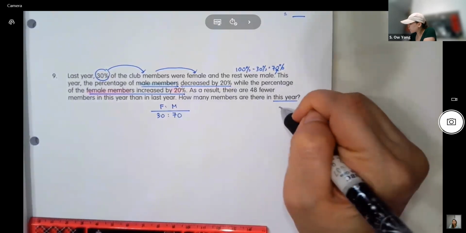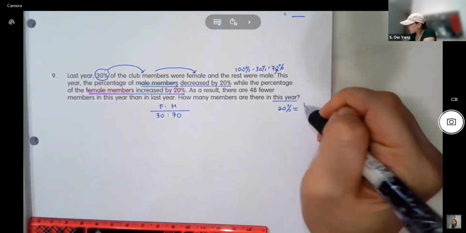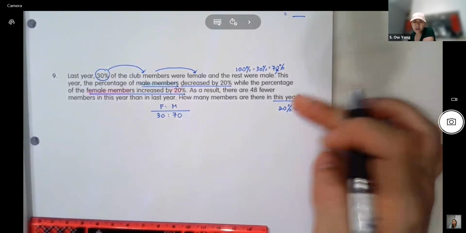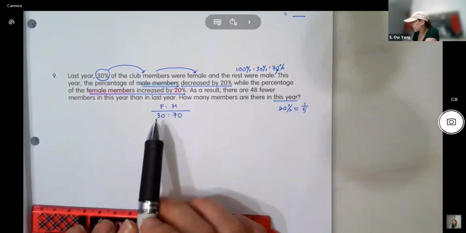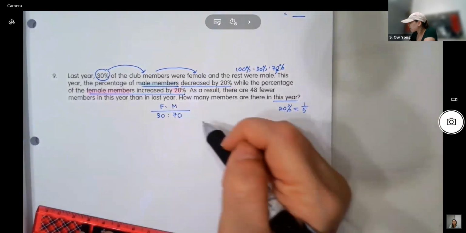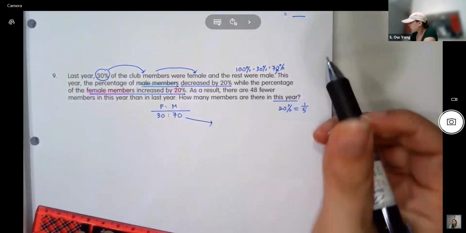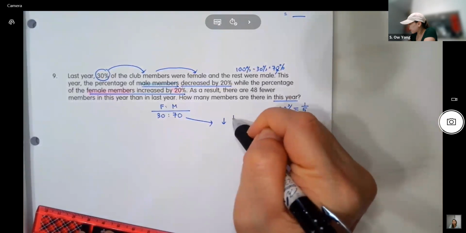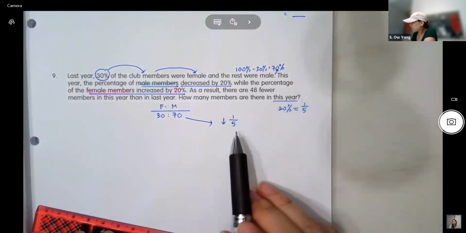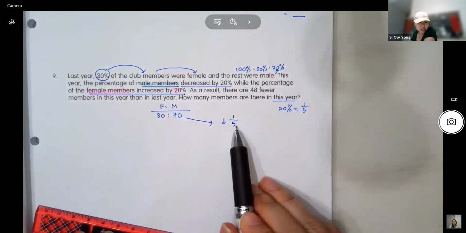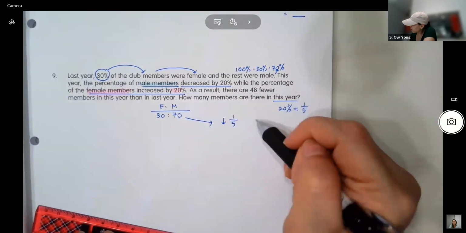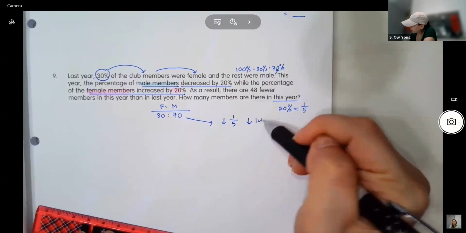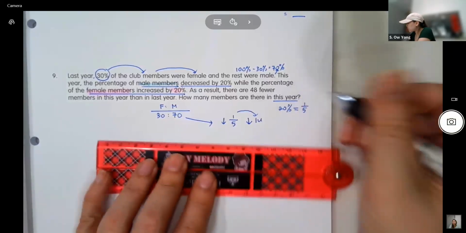Now we know that 20% is 1 out of 5. You take 20%, it's 20 out of 100, 1 out of 5. So maybe we settle the male one first. If I say decrease by 20%, it means that originally my male is 5 units, but I decrease by 1 unit. In picture, it looks like that.